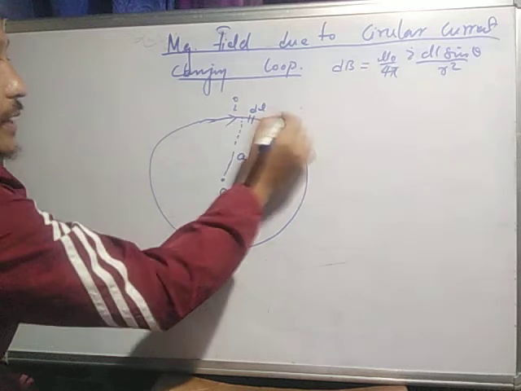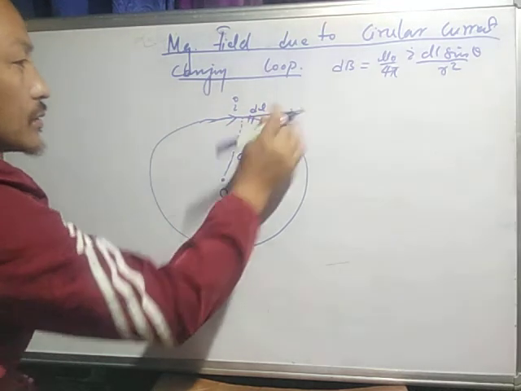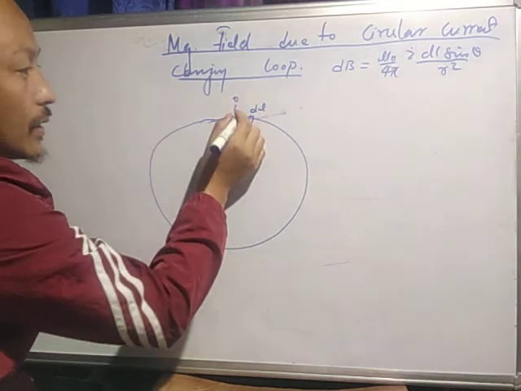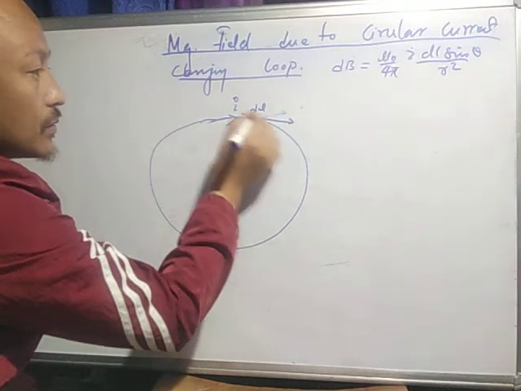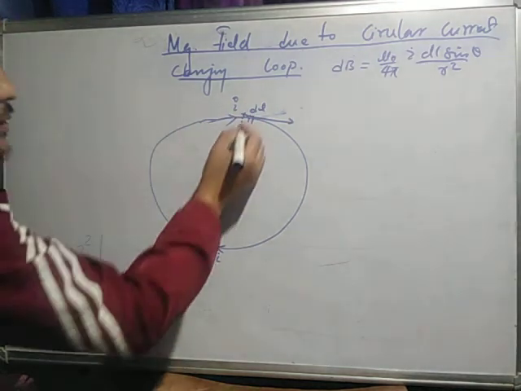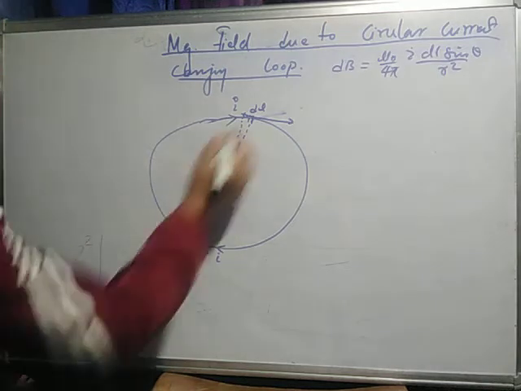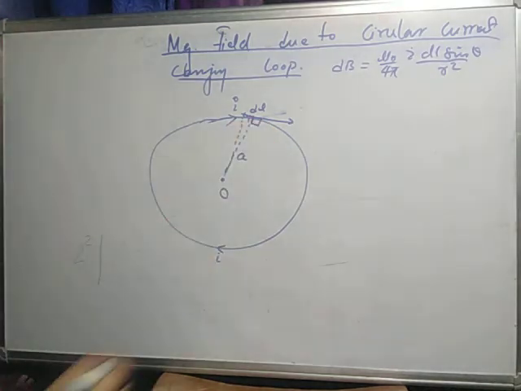This is the direction of current, so tangent should be the direction of your dl, okay, clear? So now this is your radius r. See, this is 90 degrees, right?